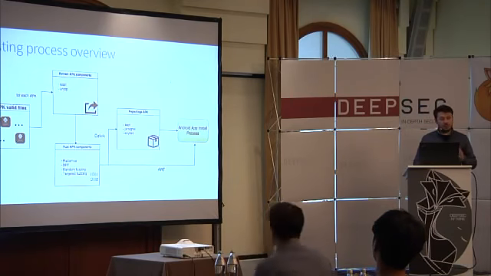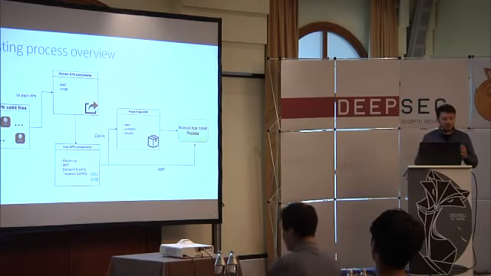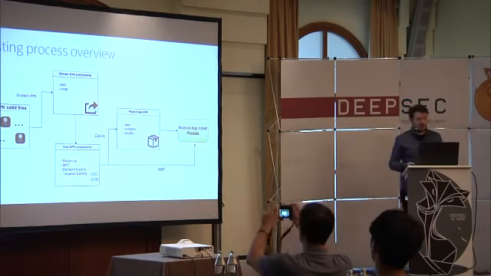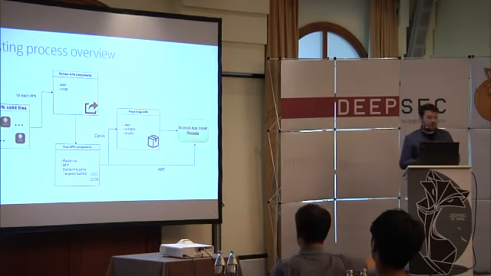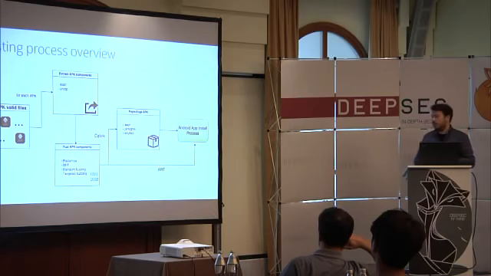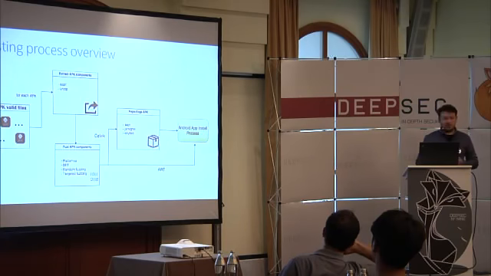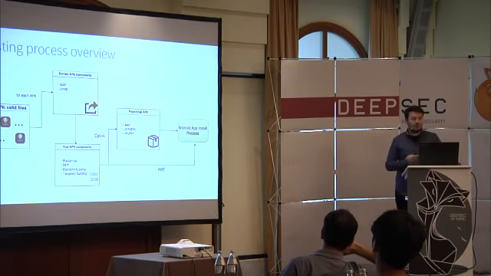We extract the components from the APK, because basically an APK is just a regular zip file, and we fuzz the APK components that are of interest to us. Then in the case of Dalvik, we repackage the APK and send it to the Android install process. And in the case of ART, things are simpler. We can actually send different components directly to the install process.